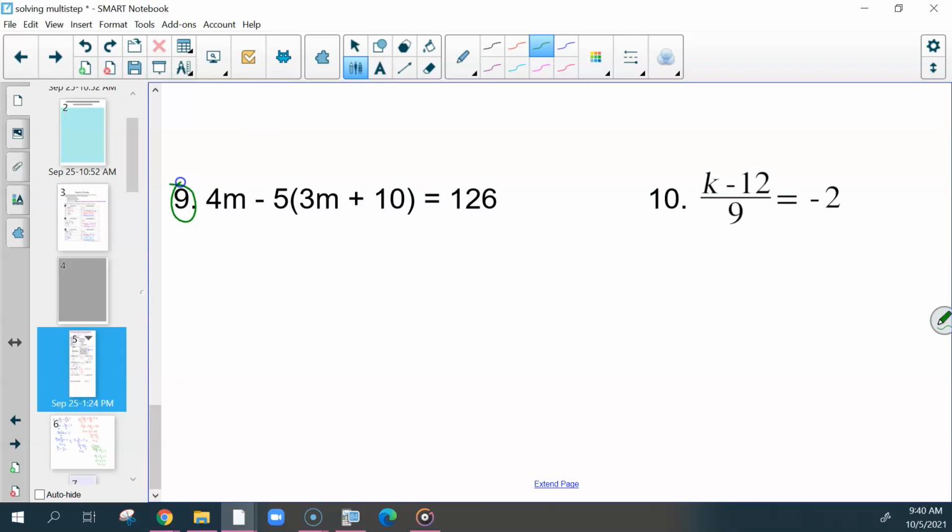So for number 9, we have parentheses. Let's deal with that first. We have a number outside of the parentheses, so distribute. I'm going to bring the 4m down. This would become negative 15m and negative 50.